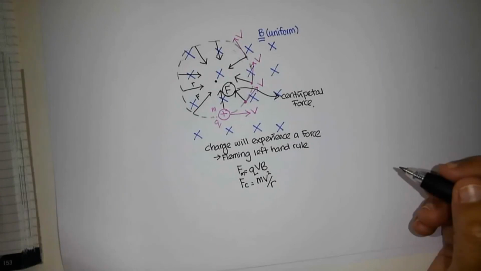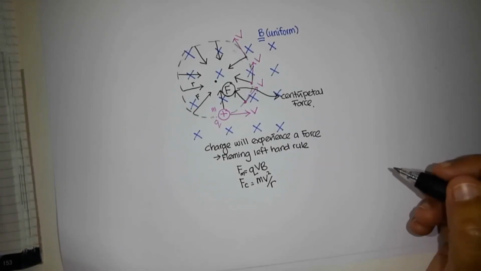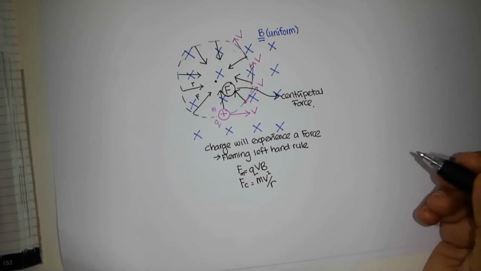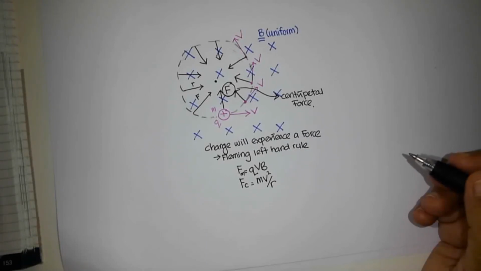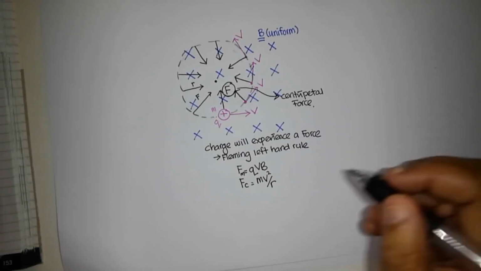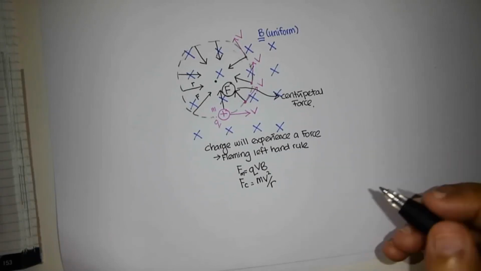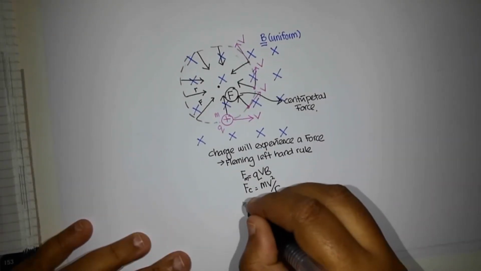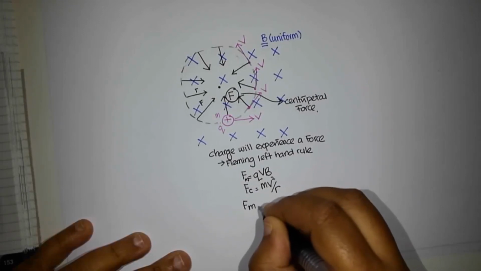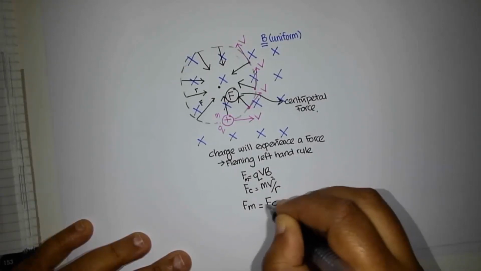Centripetal force has three formulas. You can use whichever formula you want, but here I'm going to use mv square over r. The other two formulas are mr omega square and mv omega. So the concept here is the magnetic force is the centripetal force.